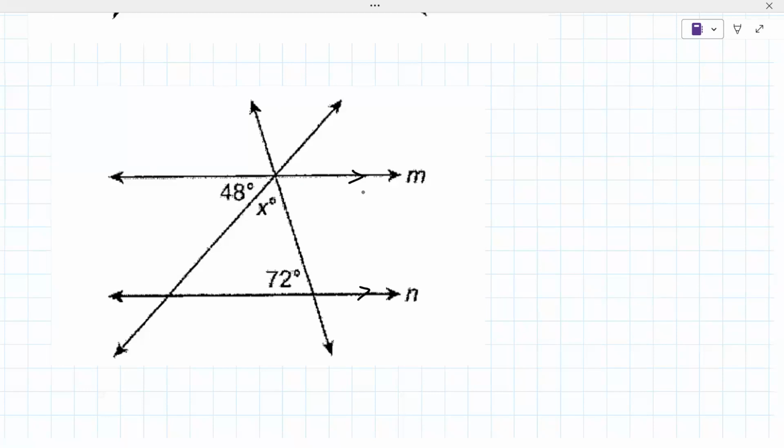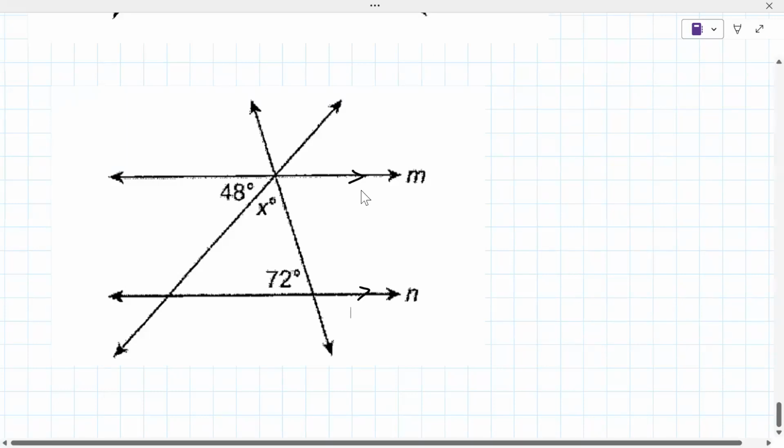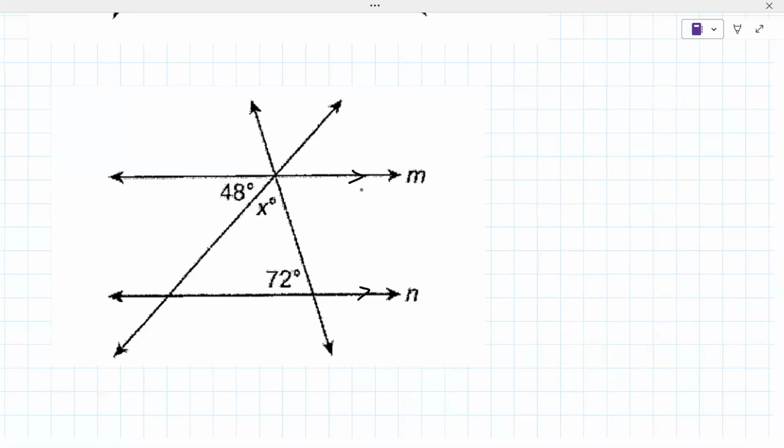See if you can use that to find X. Oh, would the 48 come down to that left side and fill in that, and then we would figure out the sum from that? Like, hold on.